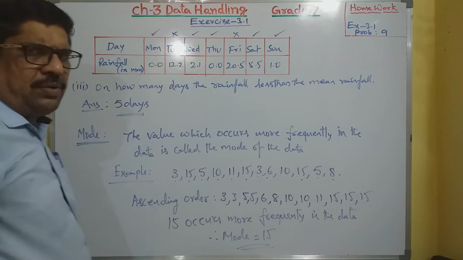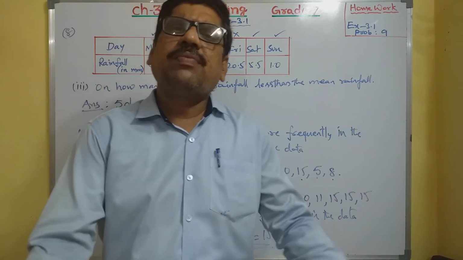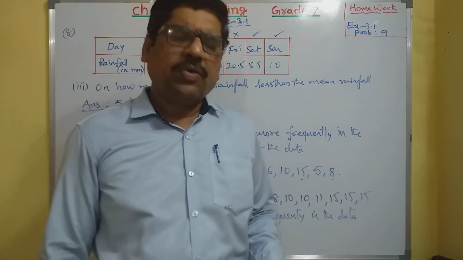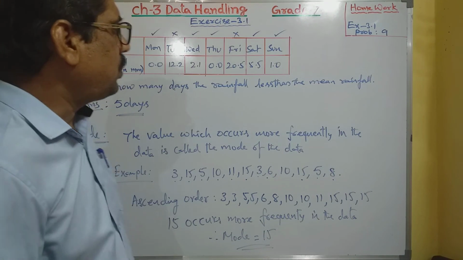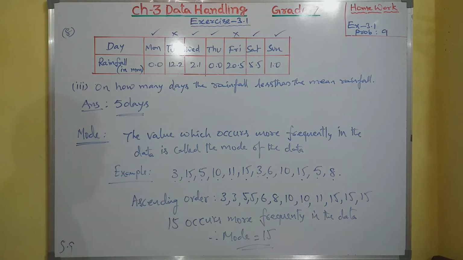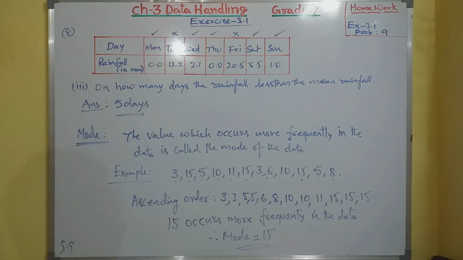It is very easy, no? Whenever you have a data, just observe which number is there for more number of times. Whatever number is there for more number of times, that would be the mode. Please copy this definition along with the example. Then I will go with the problems.